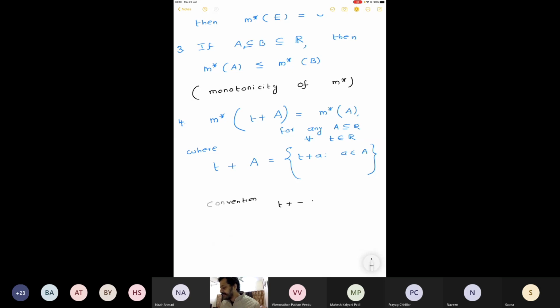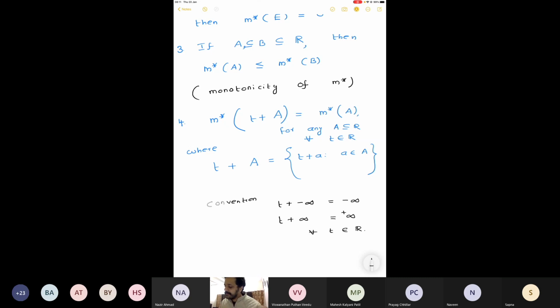If minus infinity happens to be an element in A, then t plus minus infinity is treated as minus infinity for any real number t, and t plus infinity is treated as infinity for all real numbers t.